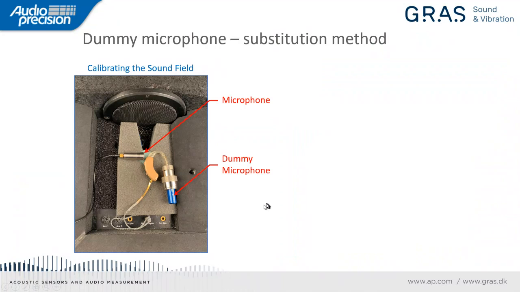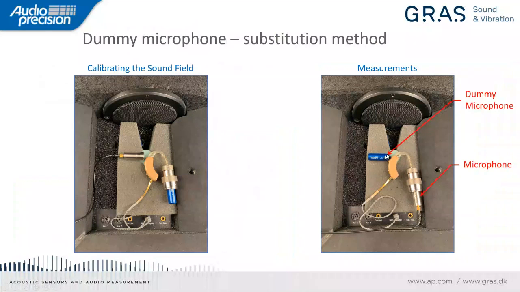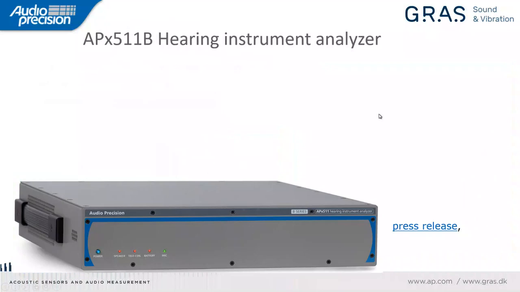Then when we're ready to do the hearing aid measurements, we flip the position of these, and we put the dummy microphone at the test point and the reference microphone in the chamber. And this kind of keeps the sound level at the same level, because as you can imagine, it's a very small test space, and it's important to control the sound field so that we get an accurate setting of the sound. So that's the reason for the dummy microphone, excuse me.